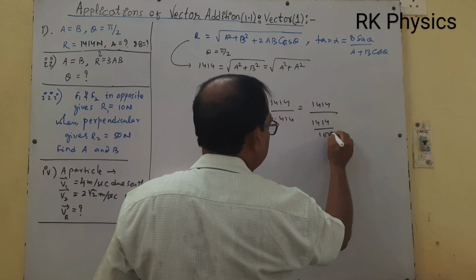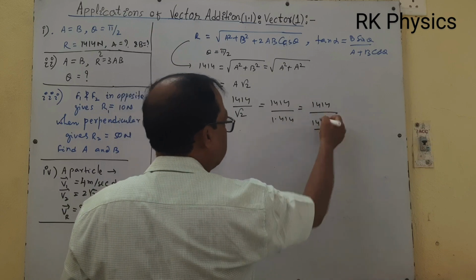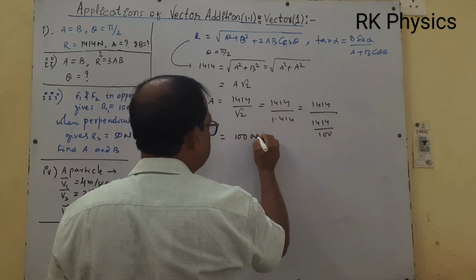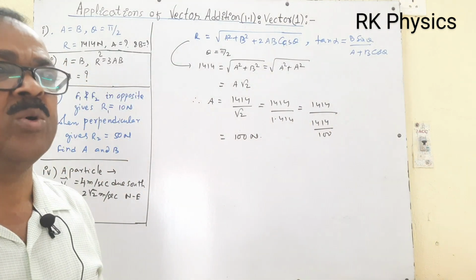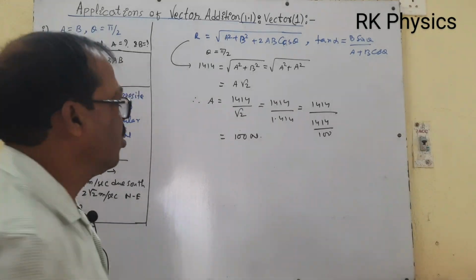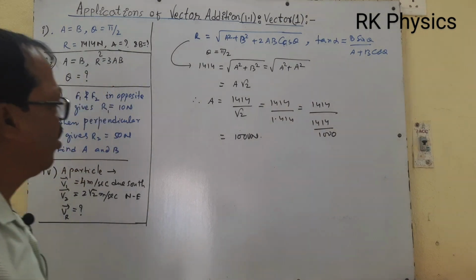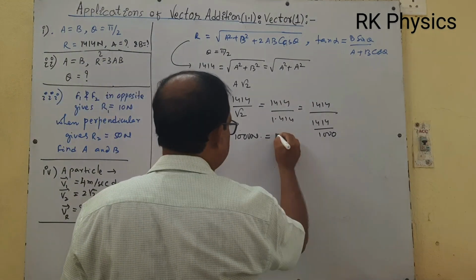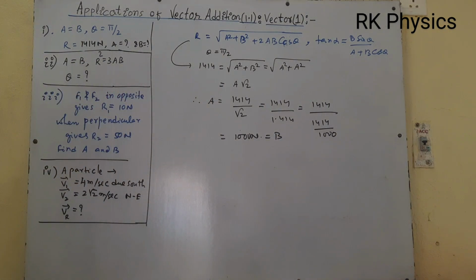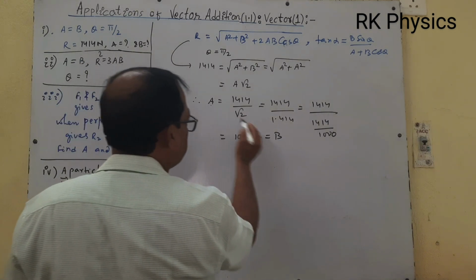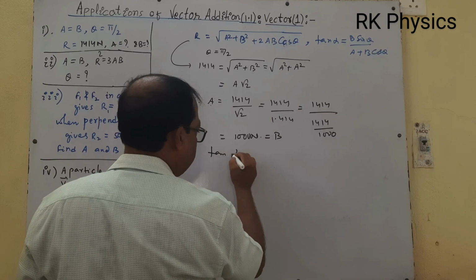So 1414 by 1.414 gives 1000, these two cancel, and you get 1000 Newton. Therefore A and B are equal, and the magnitudes of A and B are each 1000 Newton. Since the magnitudes are the same, what is tan alpha?